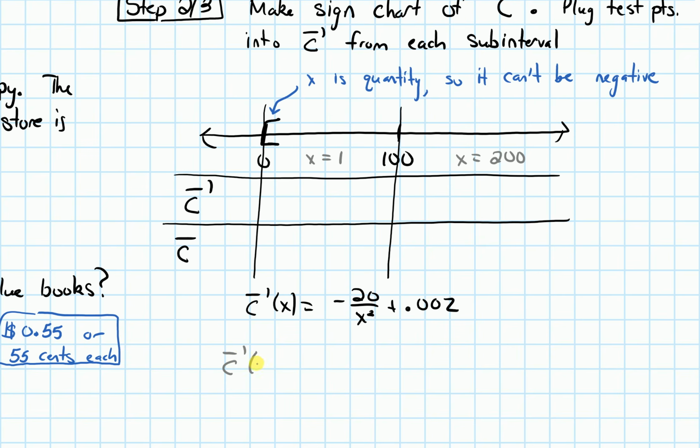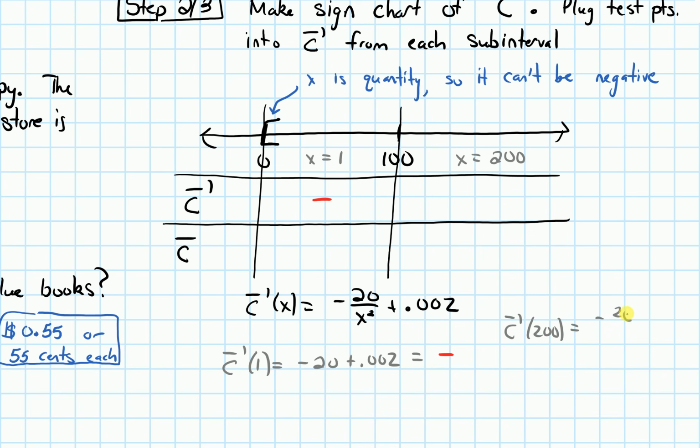If we take this derivative and plug in 1, we get negative 20 plus 0.002, and that is a negative number. So when I plug 1 into the derivative, we get a negative number. What about if I plug in the other test point, 200?